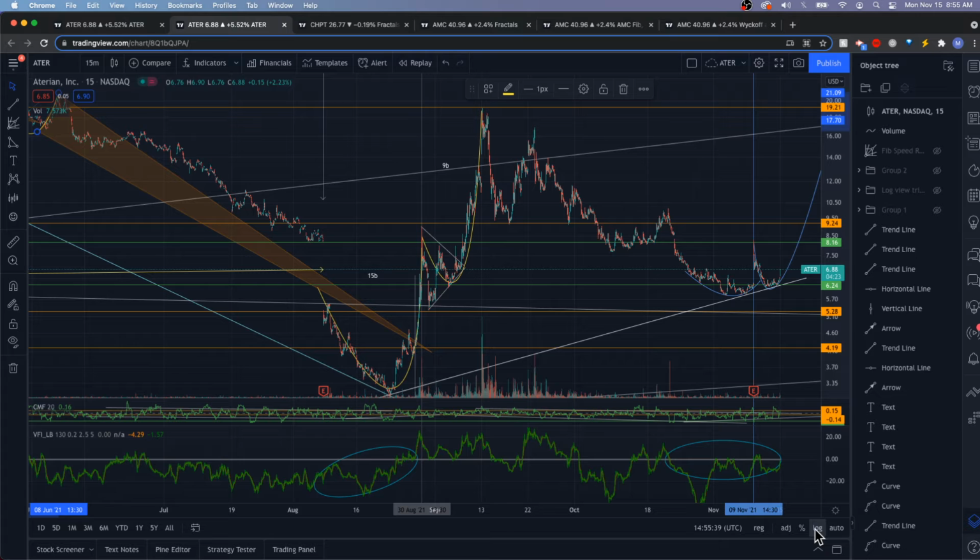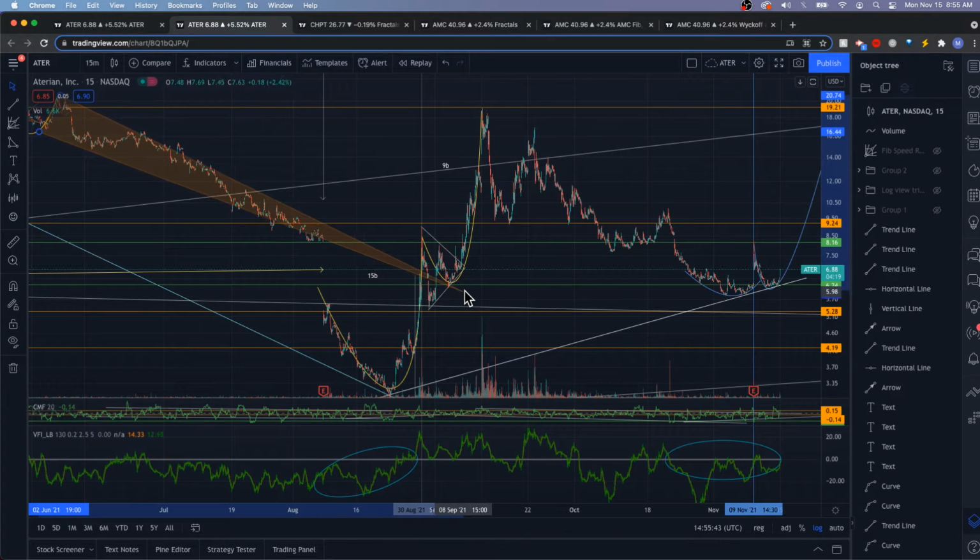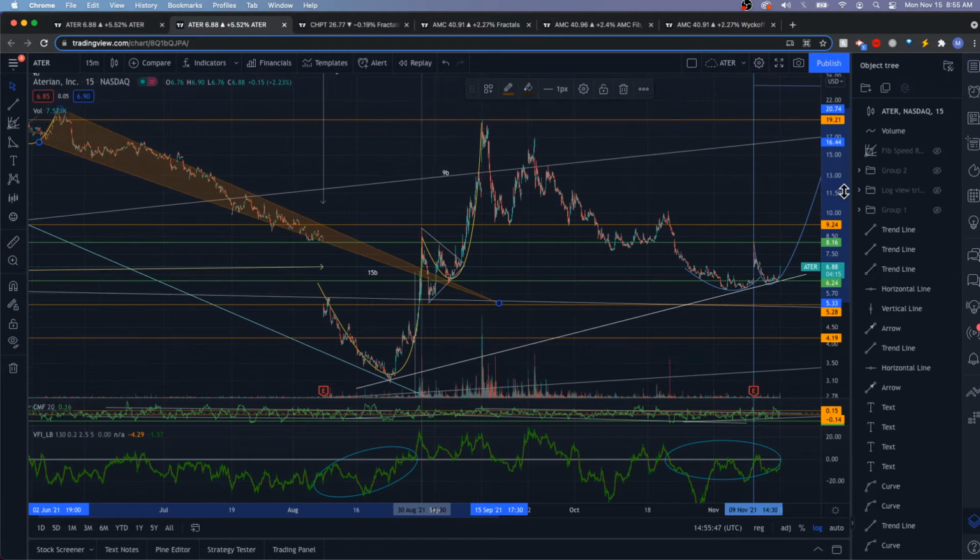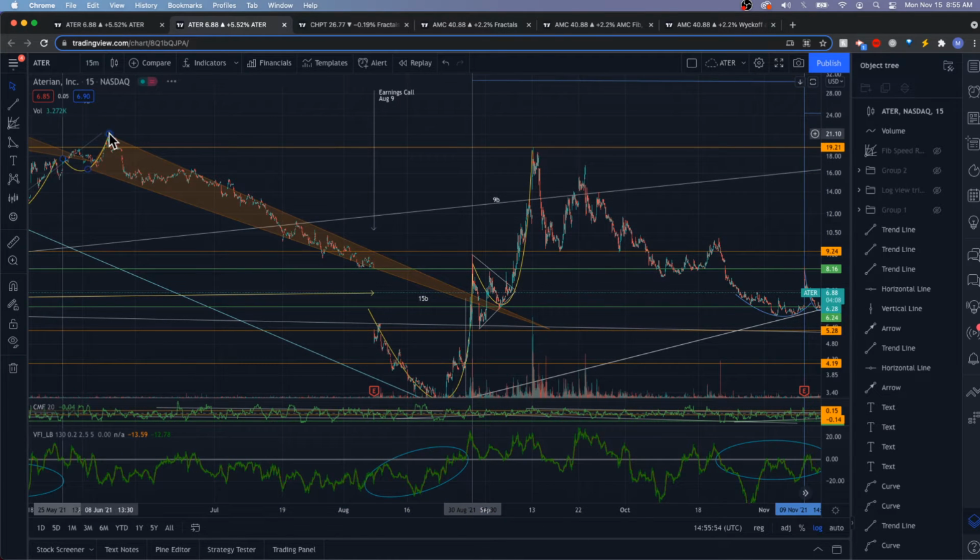If you go to the logarithmic view and we adjust this, this makes a lot more sense. Because if you look at it in the logarithmic view, suddenly, and I know these are not perfect, right? These kind of dip below, dip above.